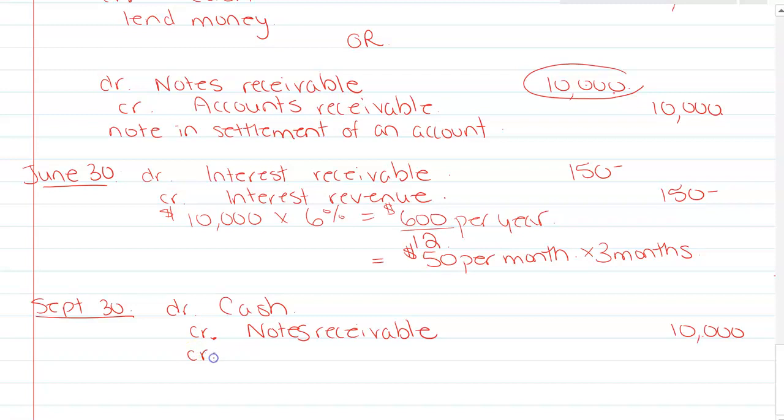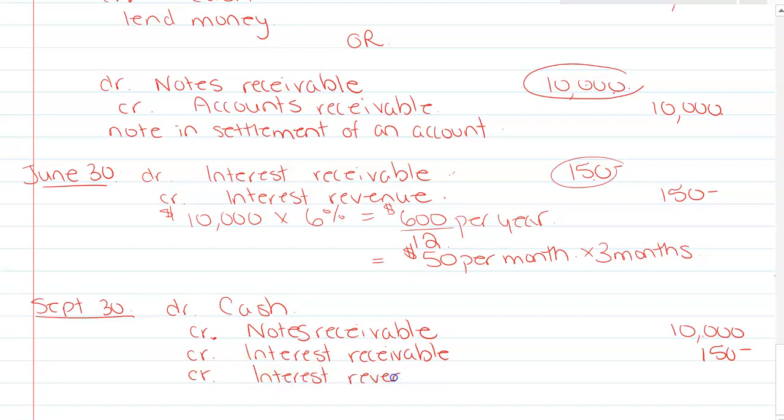Then I'm going to credit the interest receivable. So if I credit that, I bring the balance down by $150. Then that cancels it out and takes that off the books and brings it to zero. Then I'm going to also credit my interest revenue.